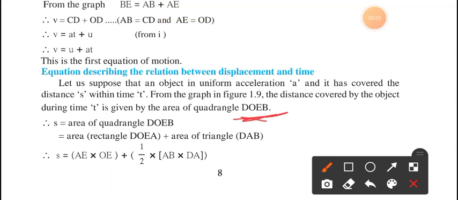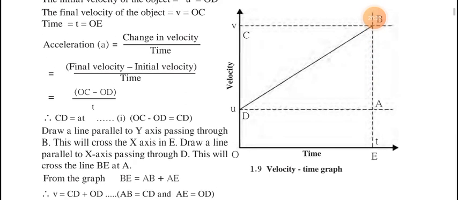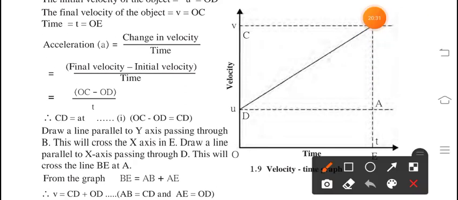So to find that, we take displacement s equal to the area of quadrangle DOEB. Obviously, if this is a quadrangle, we cannot find its area directly. So we have to divide this area into two parts.